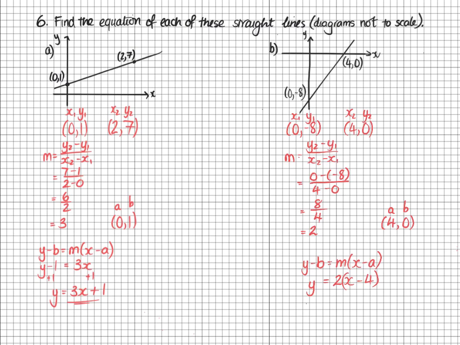So y is equal to, multiplying our brackets, 2x, and then 2 times minus 4, which is minus 8. Look, this is our y-intercept, minus 8. It's going through minus 8, so we're fine.